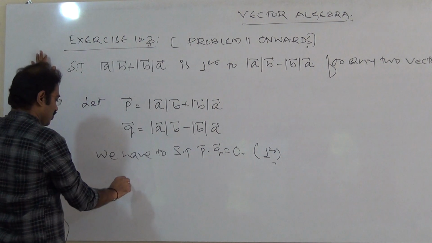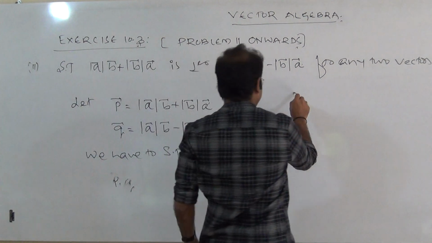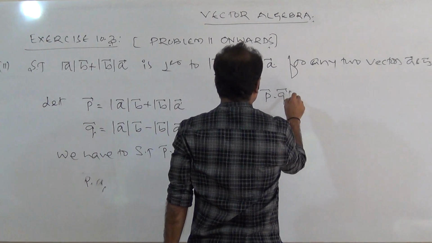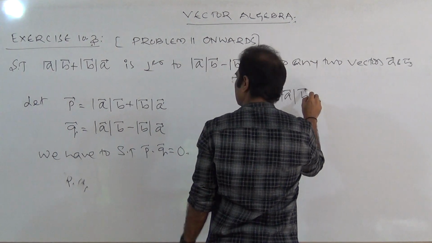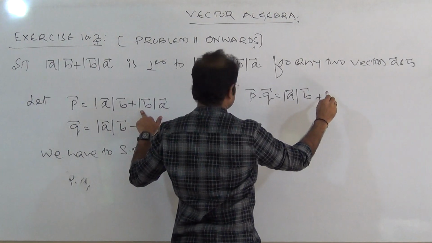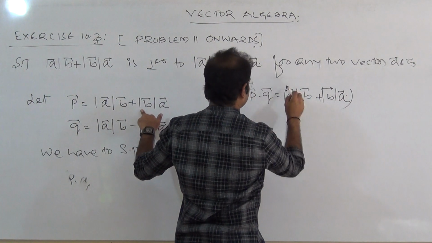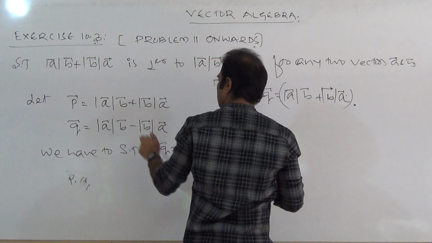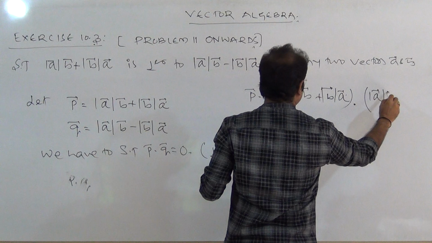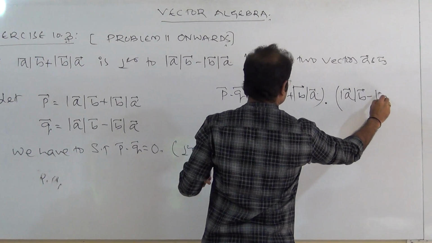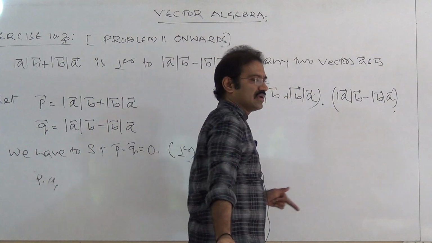Now I write P dot Q separately. P means magnitude of A into B plus magnitude of B into A, dot product with magnitude of A into B minus magnitude of B into A. Right?